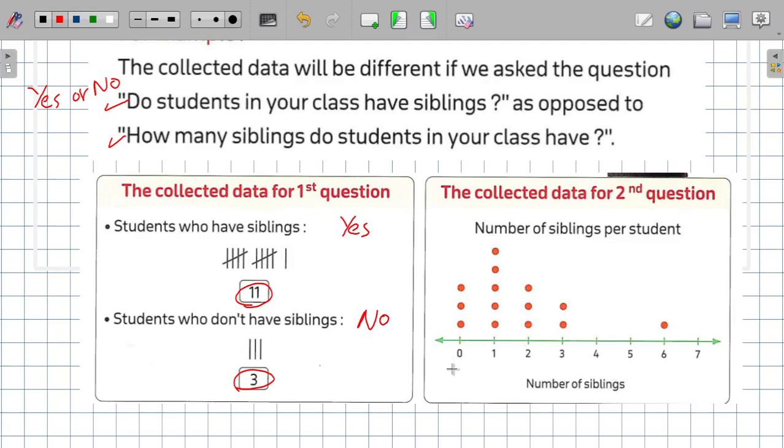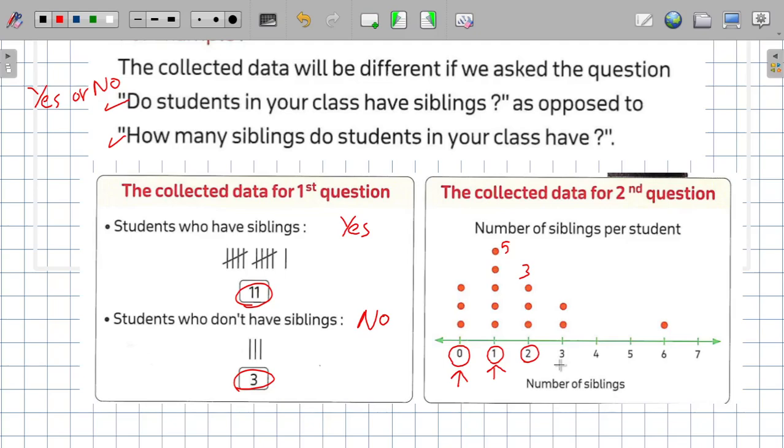So this is the first question, but the collected data from the second question is like this. I have three students who do not have any siblings, so 0 has 3 dots. Students who have just one sibling is 1, 2, 3, 4, 5. So I have 5 students. Students who have two siblings are 3 students.